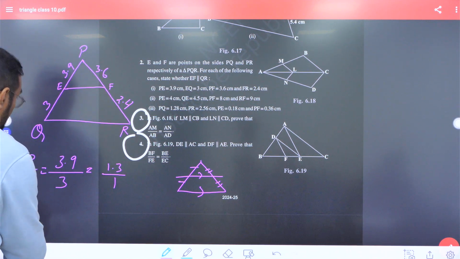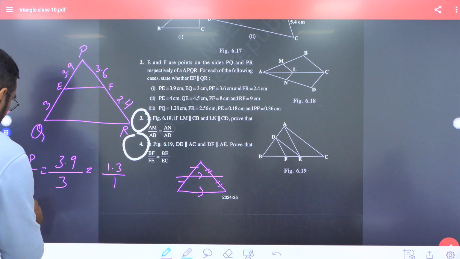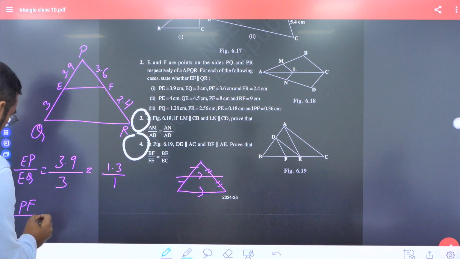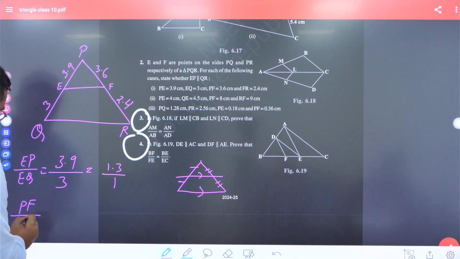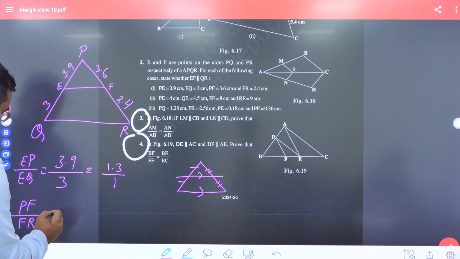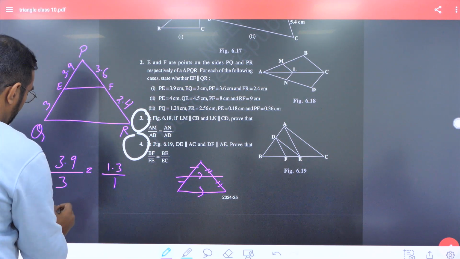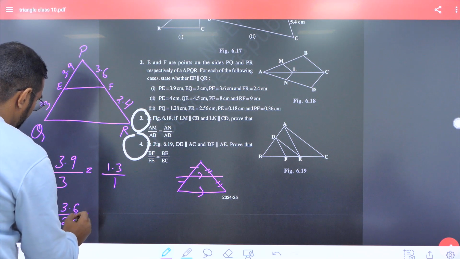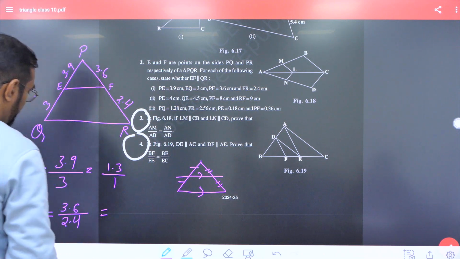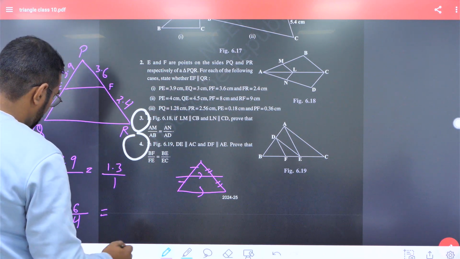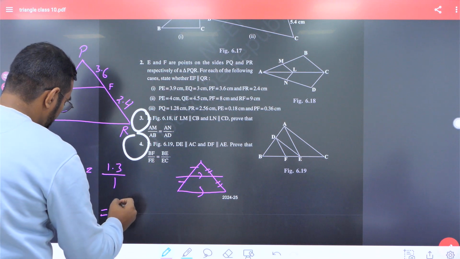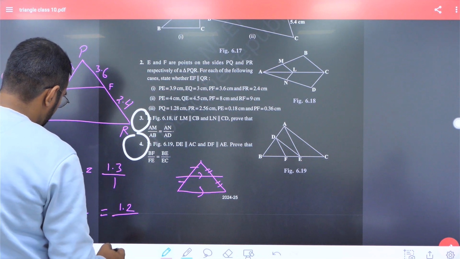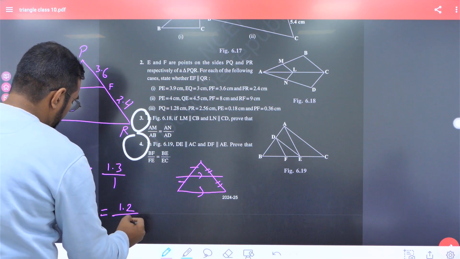And on this side, PF upon FR is equal to 3.6 upon 2.4, that will be equal to 1.2 upon 0.8.